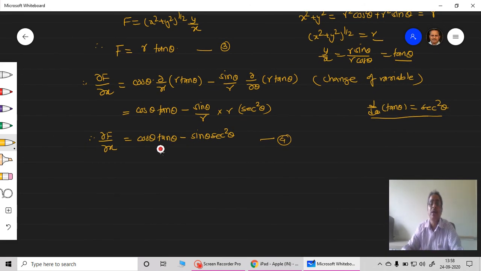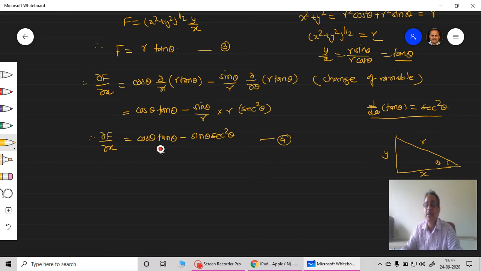So here, now remember, if I have a triangle, this is theta, this is x, and this is y, and then this is r. I can write cos theta is equal to x upon r.